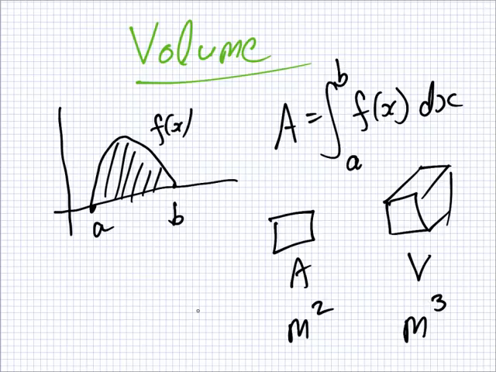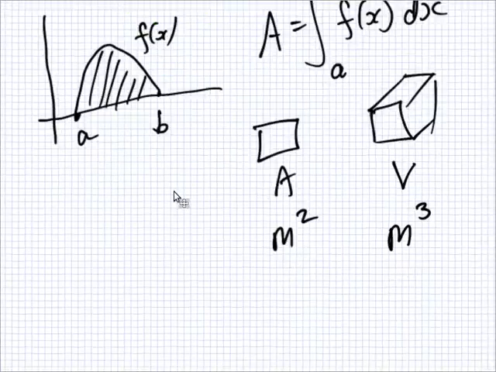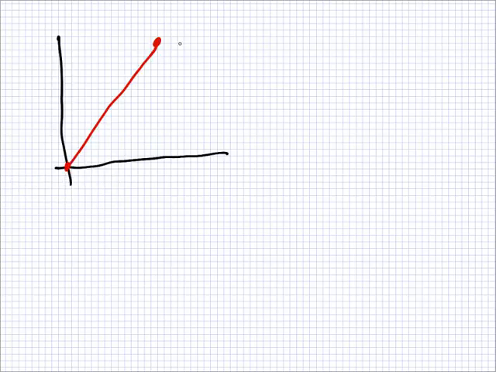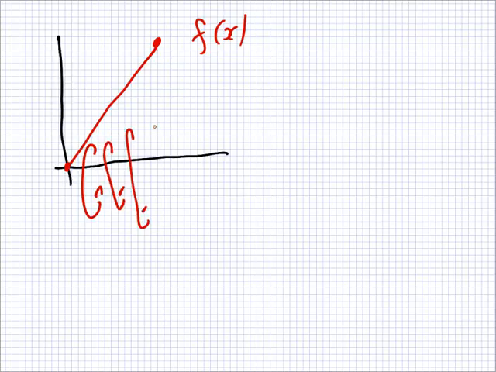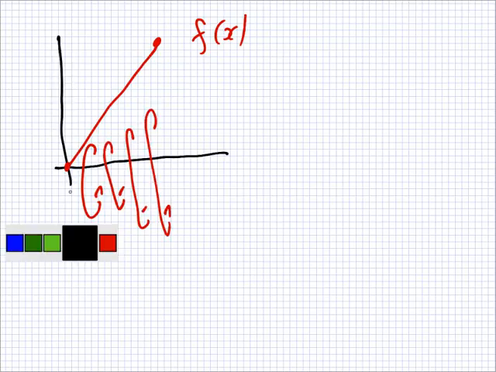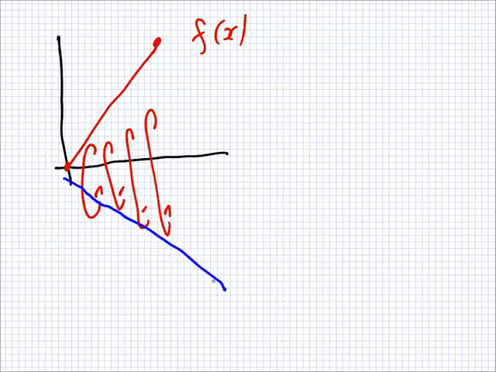Right. Anyway, how to calculate volume. So, this is for today. Imagine, for example, you have a curve like this, and you rotate it around the x-axis. What shape would you make?